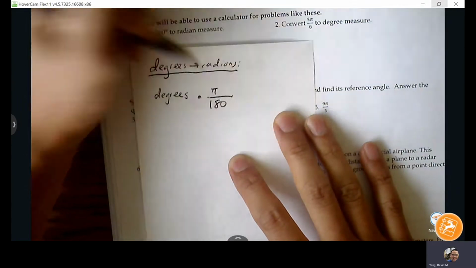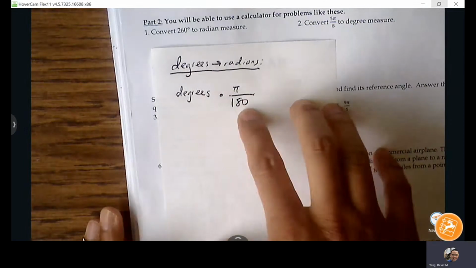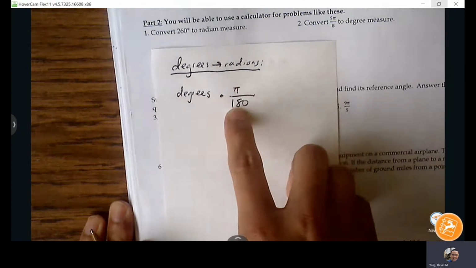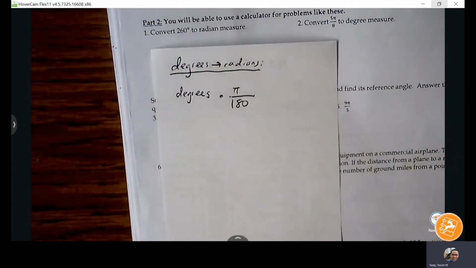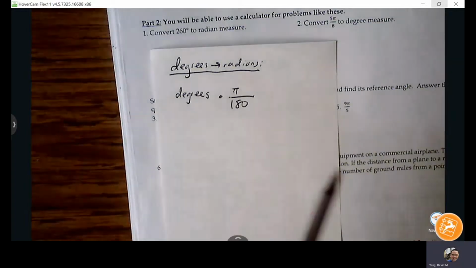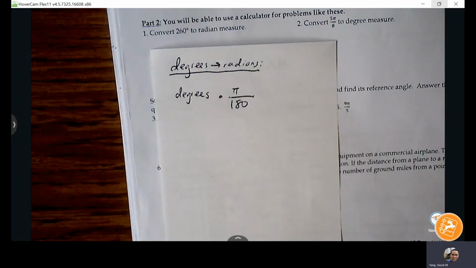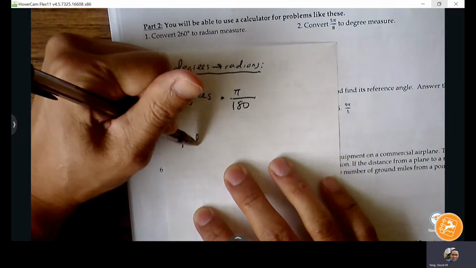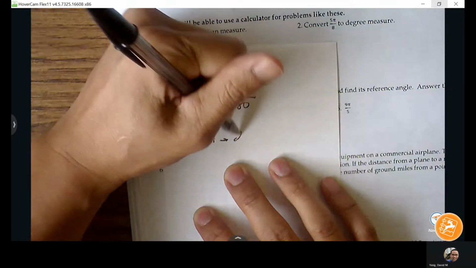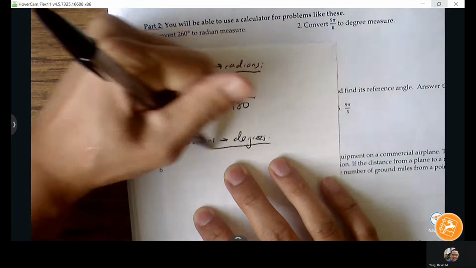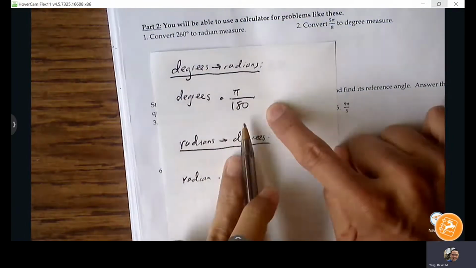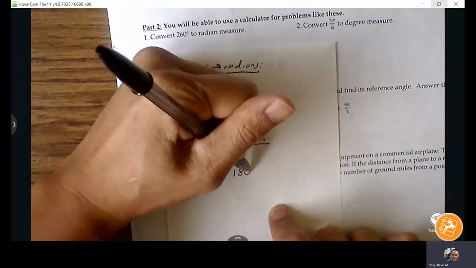Yeah, pi over 180. And that will allow me to convert from degrees to radians. Now, when you do this and you want to give an exact value, leave the pi out of your calculator. Just multiply 1 times 1 over 180, and you can add the pi manually onto your paper. But if I want to go from radians to degrees, I'll take my radian measure and multiply by the reciprocal. Now I want the pi's to go away, so times 180 over pi.